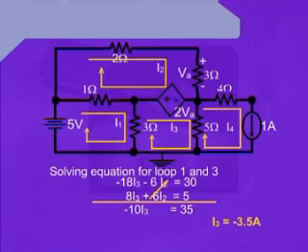Adding these two equations, we can get rid of I2. Therefore, we are left with only one unknown variable, which is I3. Hence, we can write minus 10I3 equals 35, or we can write the final value for I3 as I3 is equal to minus 3.5 amperes.